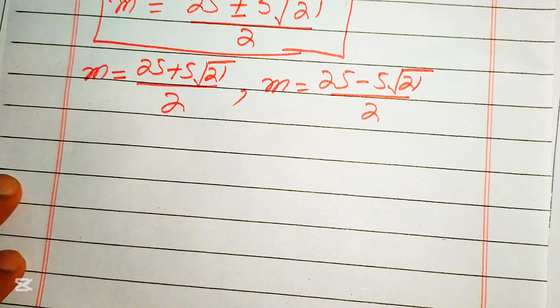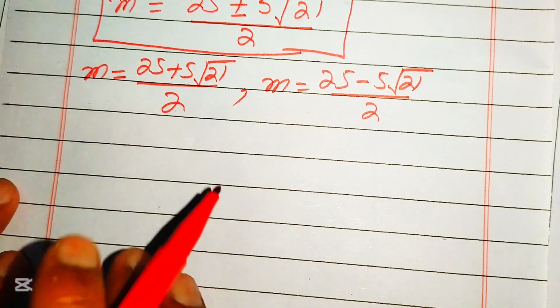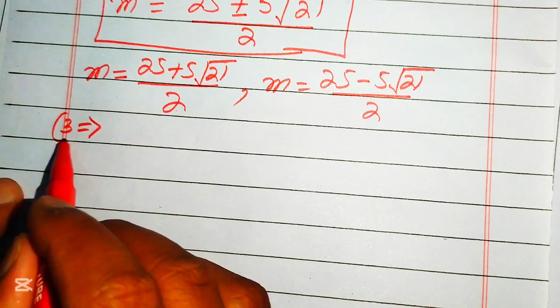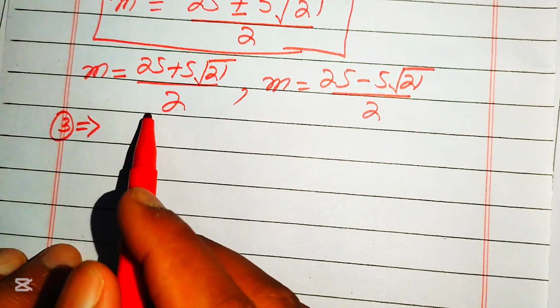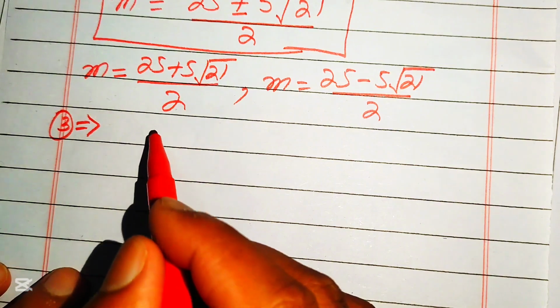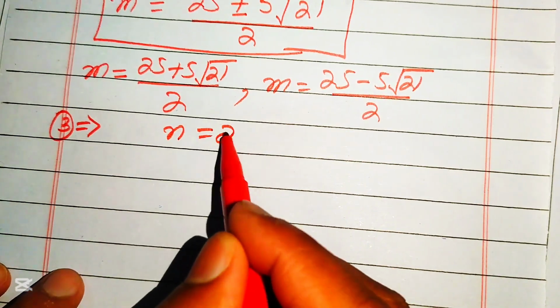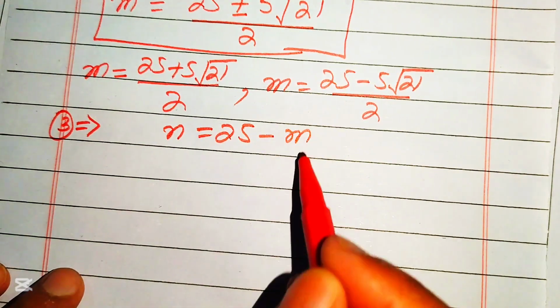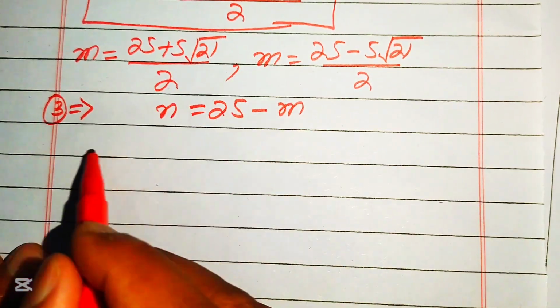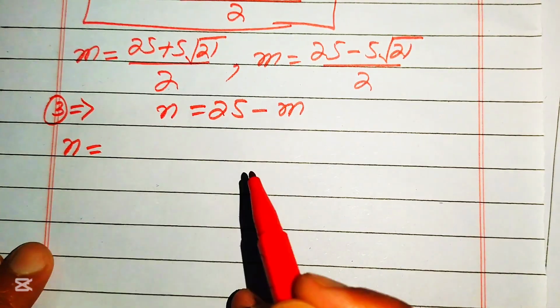And now we need to put these two values of m in equation number 3. First we copy down equation number 3 here, it is n equals 25 minus m. We put these two values here and we get the corresponding values of n.